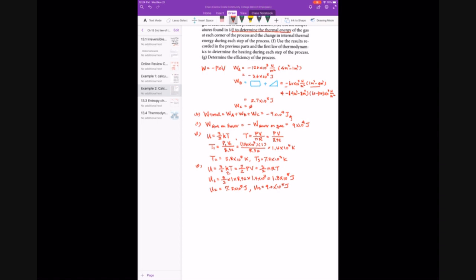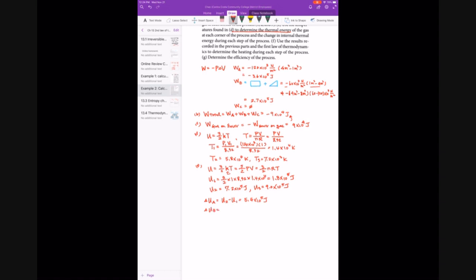The change of the thermal energy. If you're looking at the change of the thermal energy for the process A, then you look for the thermal energy at point 2 minus thermal energy at 1, then you will have the change of the thermal energy. That will be equal to 5.4 times 10 to the 5th joule.